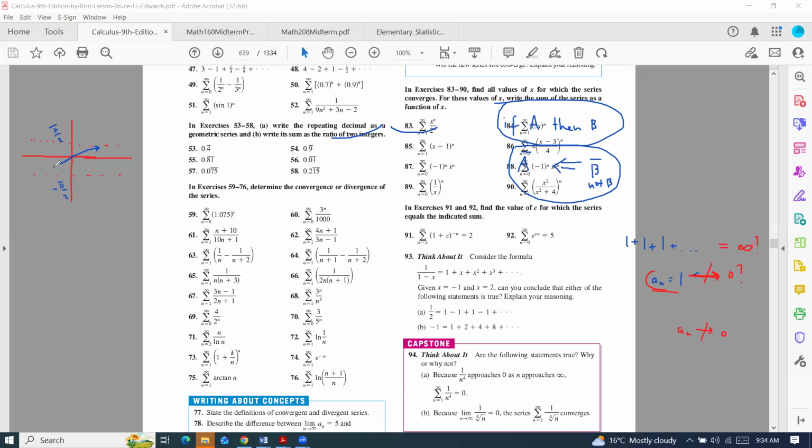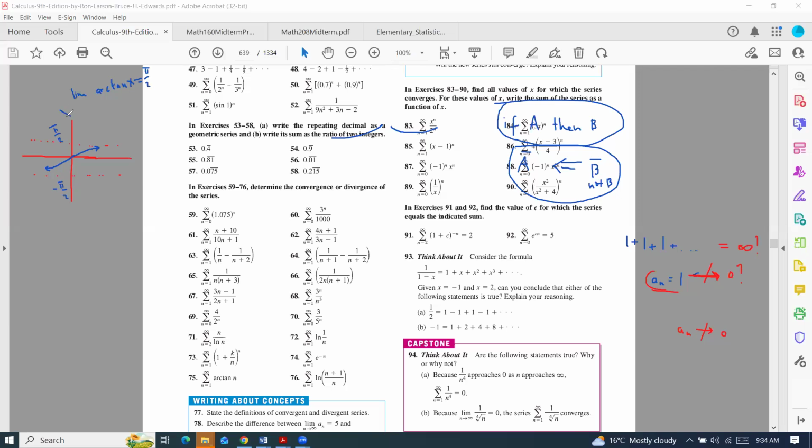It's always important to say when. So the limit of arctangent is pi over 2 when x goes to infinity.